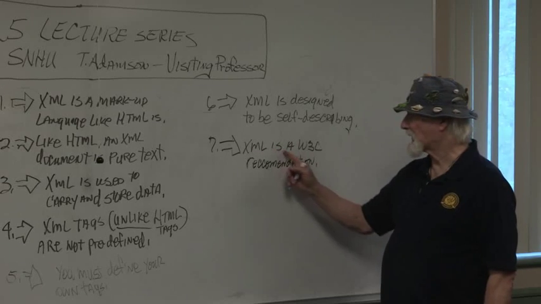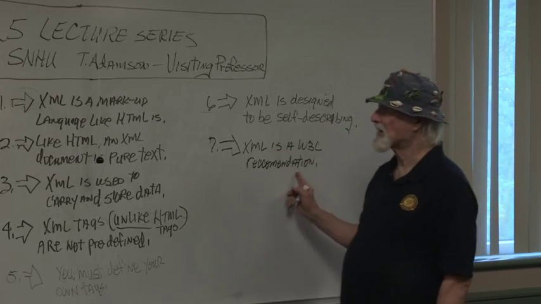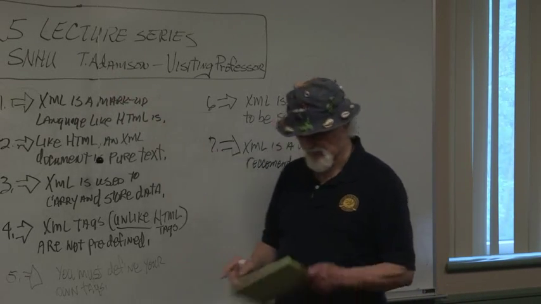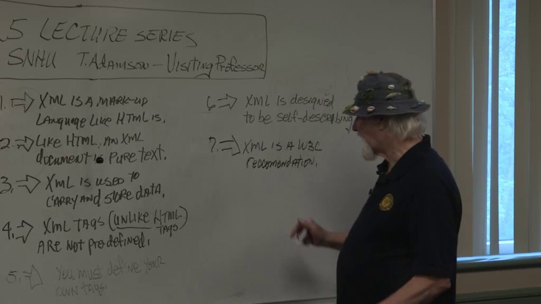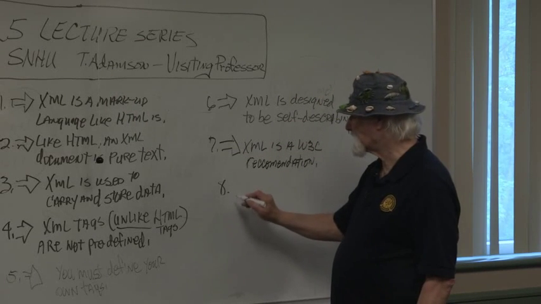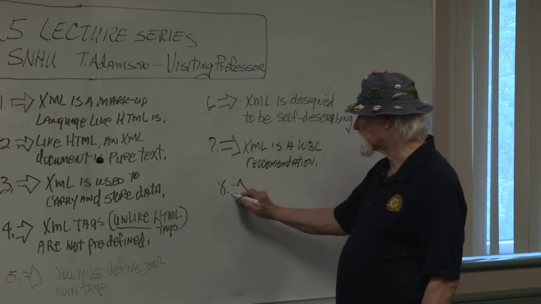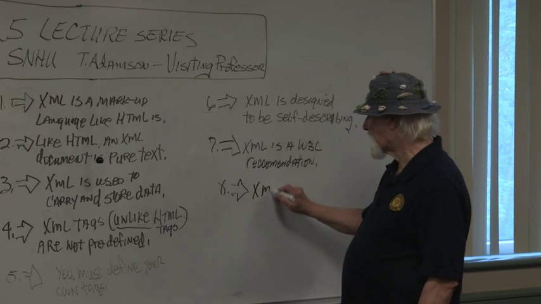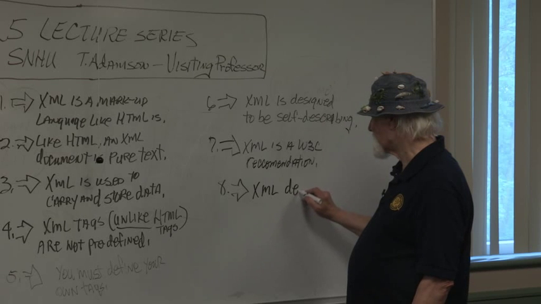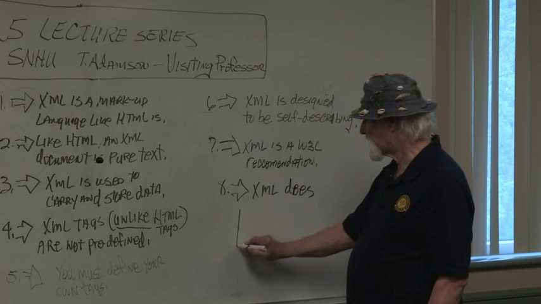So XML is a W3C recommendation, just like HTML5 is a W3C recommendation. And now the most important thing here maybe is, what does XML do? Here's what it does.